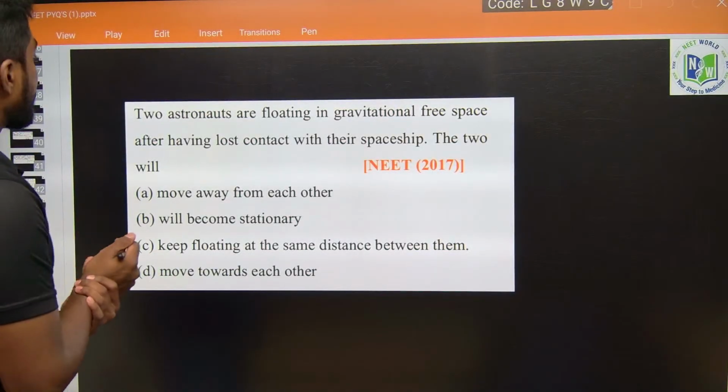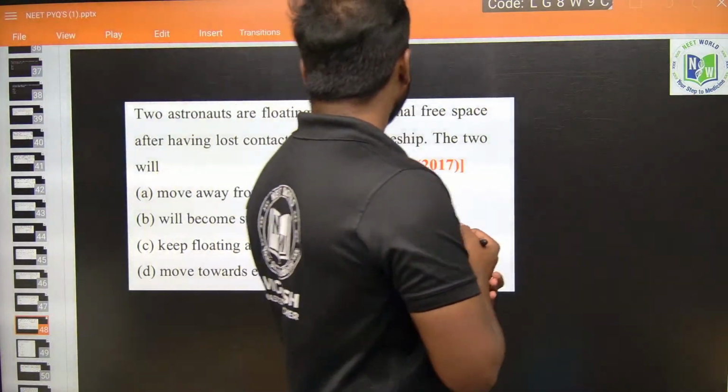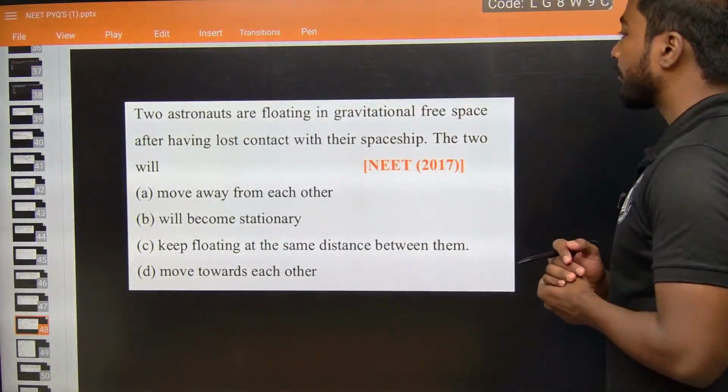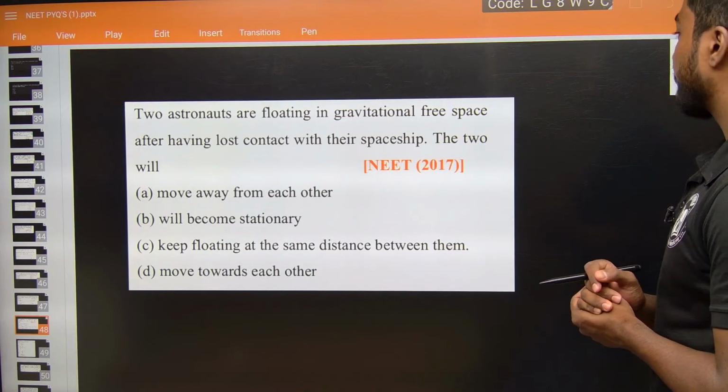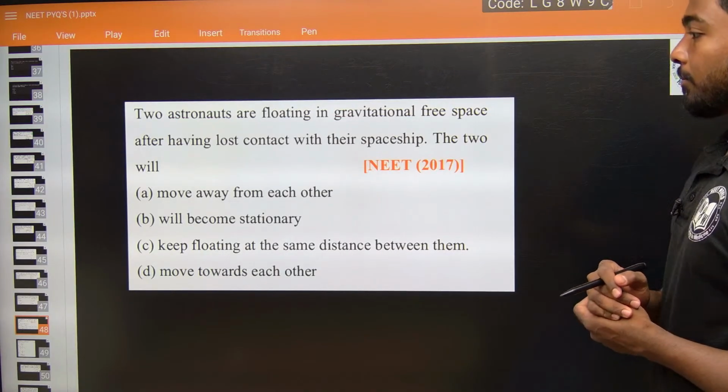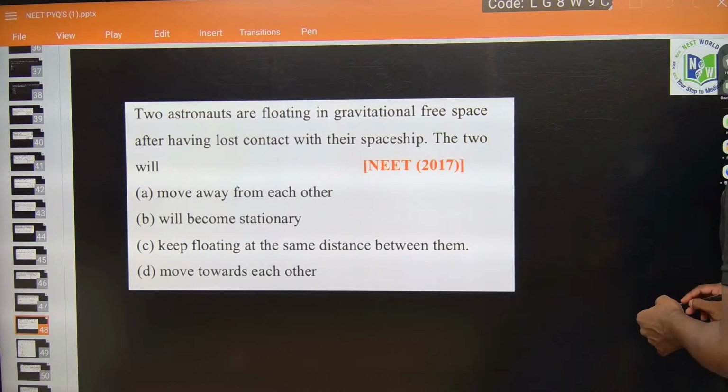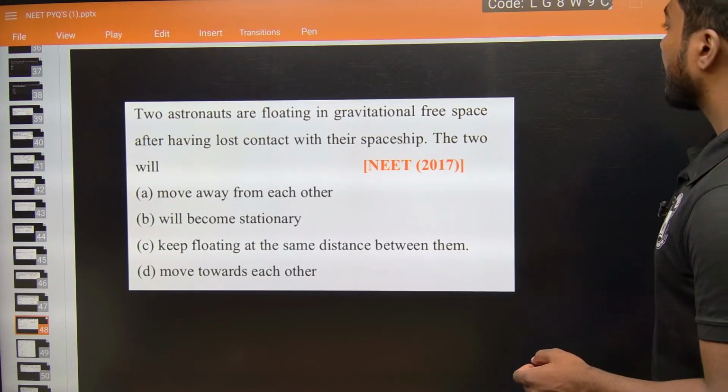Two astronauts are floating in gravitational free space after having lost contact with their spaceship. First thing, what is given in the question?